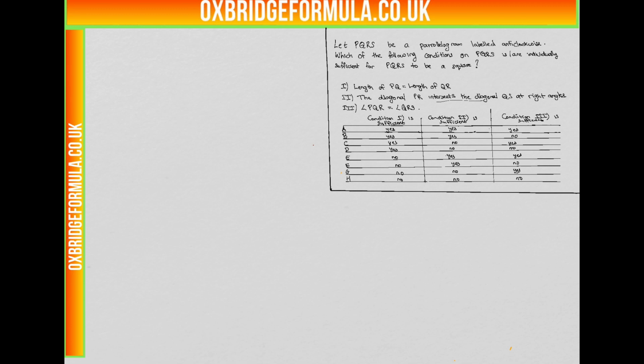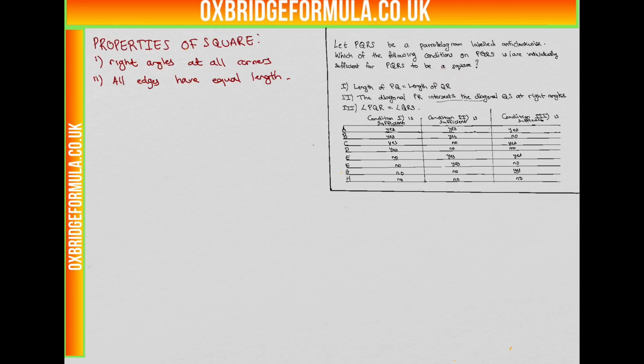So let's think about what conditions we need for our parallelogram to be a square. A square is essentially a parallelogram where all the sides are equal and all the angles are 90 degrees. So the properties of the square we're looking at are right angles at all corners and all edges having the same length.